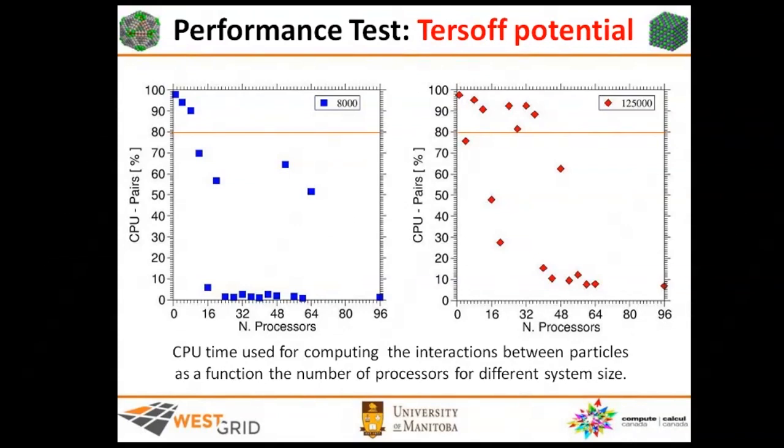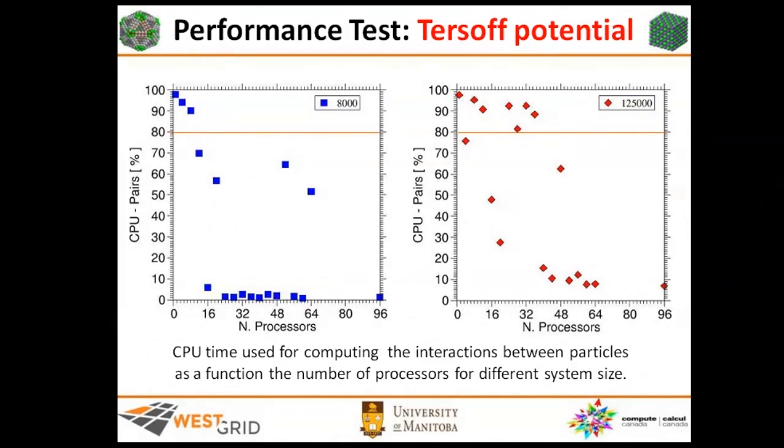Now, if I take just one potential, I took here Tersoff, which is used for glasses, for silica. I take a system with 8,000 particles and run the same simulation using a different number of cores, from 1 until 96. I see that for a minimum number of cores, for example, until 8, I have a good efficiency, between 90 and 100% of the time used by the pair interaction.